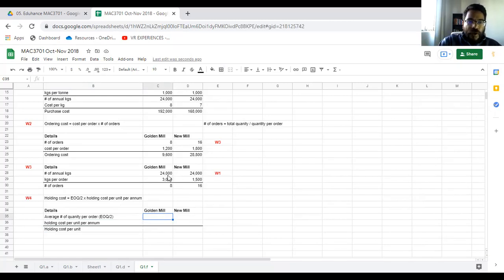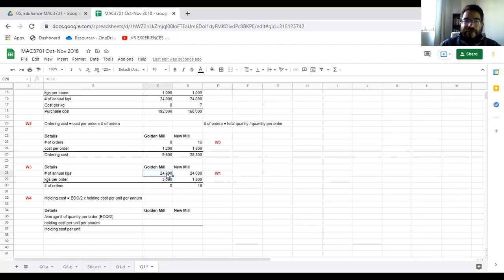Remember, we are not holding 24,000 kilograms at a point in time. We have 24,000 kilograms over the entire year. So what is being held in storage at a given point in time?